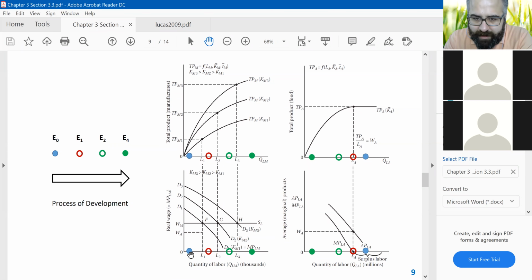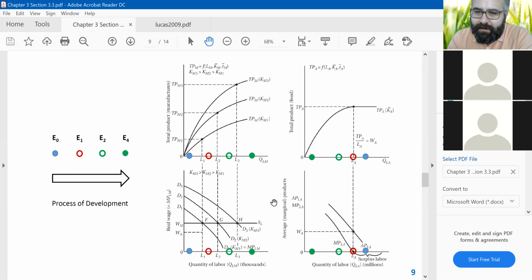So on this axis, we are here. If most of the labor is in agriculture, then comparatively fewer workers are employed in manufacturing. So in the manufacturing sector, quantity of labor is close to zero. Here it is close to the other end.